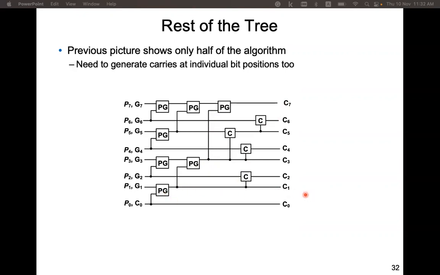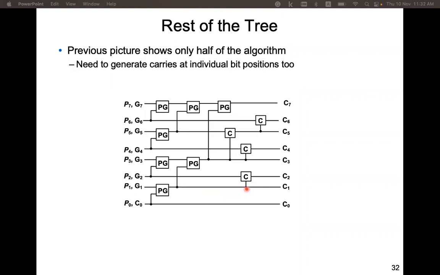And C1 is in this way. C0 passes through this to here and is available. Now how about C2?